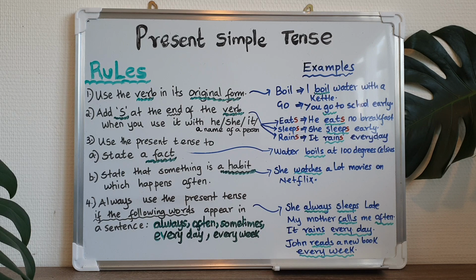Or you goes to school. No, that is not correct English, because when you combine I with a verb, it has to be in its original form. You do not add an S. The same way, when you use you with a verb, you don't combine it with an S. You leave the verb in its original form.